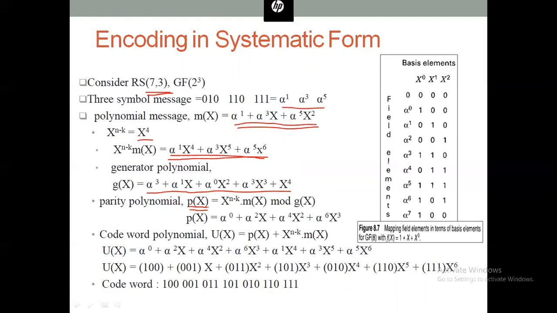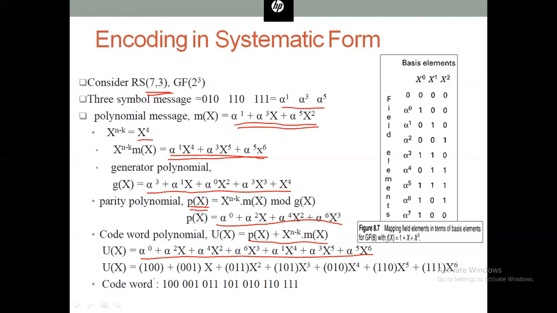And when we add this parity to the shifted version of the message, we get the code word. So this in fact is the right code word generated by the shifted version of the message and addition of the parity.